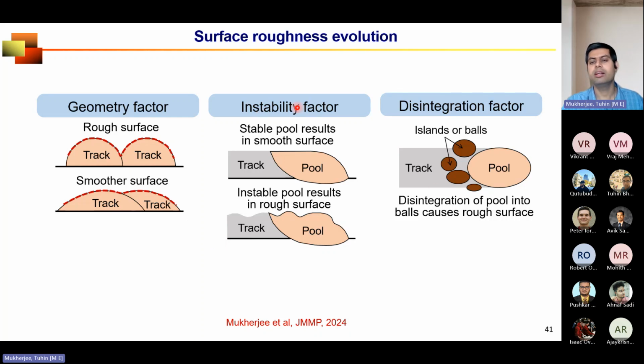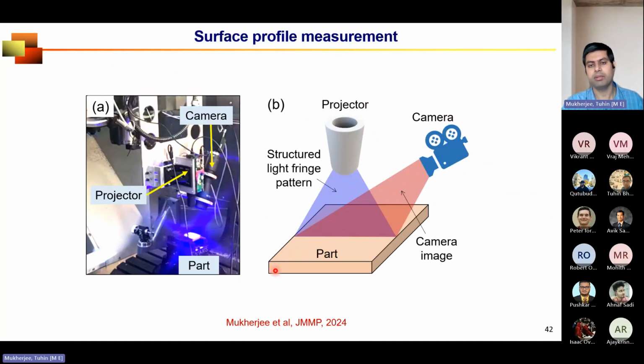So that is instability. Disintegration. If the molten pool cannot sustain its continuity and disintegrate and form island or ball during the process, that will also create surface roughness. So we came up with geometric factor, instability factor and disintegration factor, and combine these 3 factors to be able to understand how surface roughness happens.